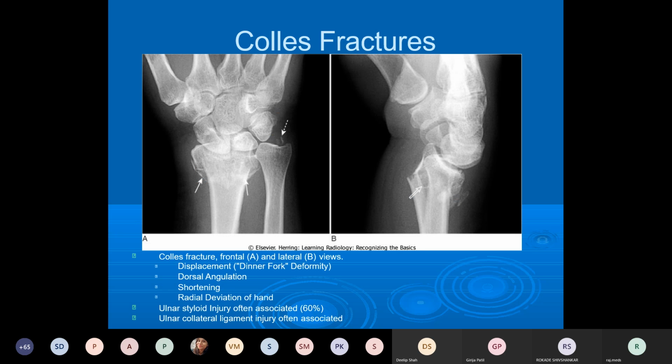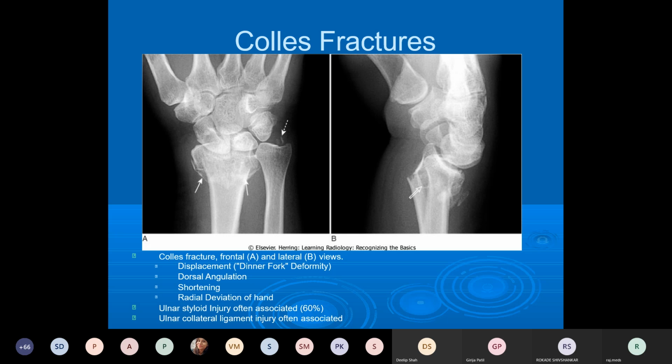Now, this is a specific type of fracture called a Colles fracture. In this image, the first image is the frontal view, and the next image is the lateral view. A Colles fracture is a fracture of the distal end of the radius. Look for the displacement, which is called the dinner-fork deformity.